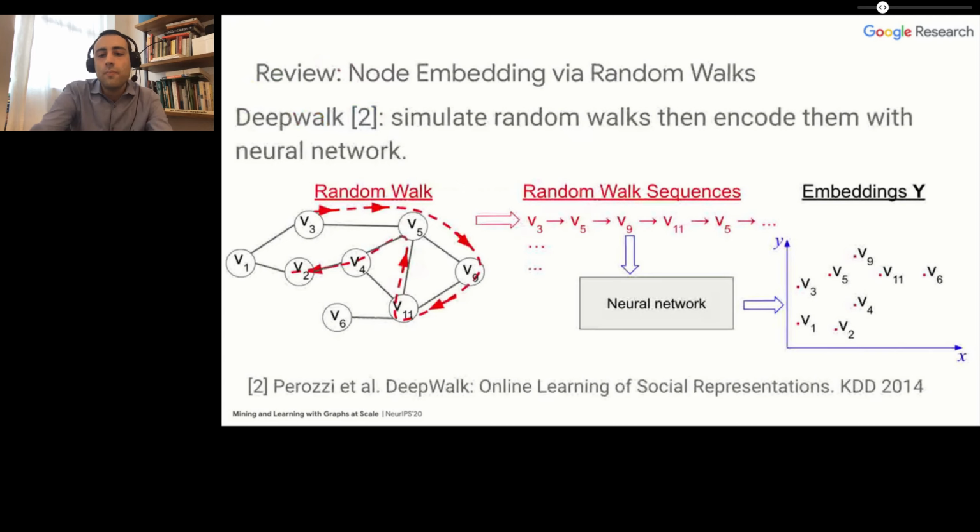By using natural language processing technology, we can then embed each word or each node into a position of the space that depends on the relative position of the node in the sentences, which are the random walk sequences. And this has many applications, as you already know, and it works very well.